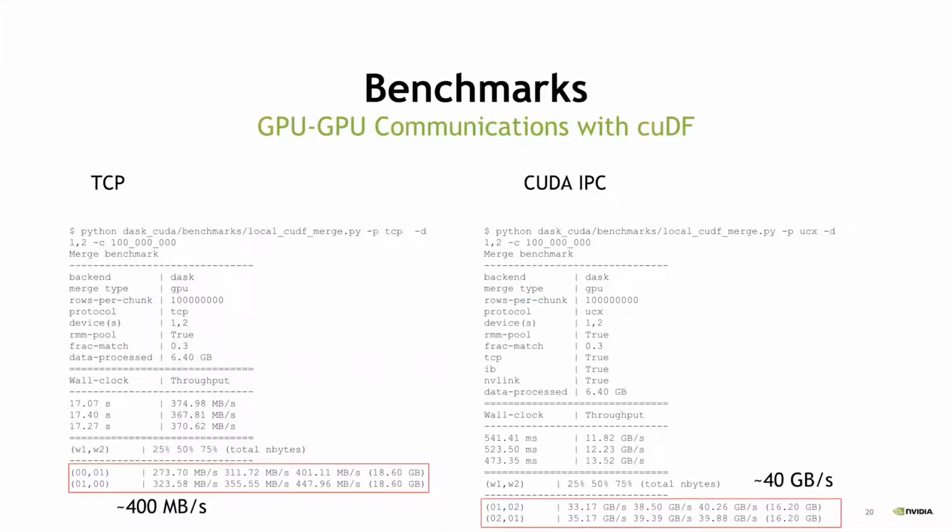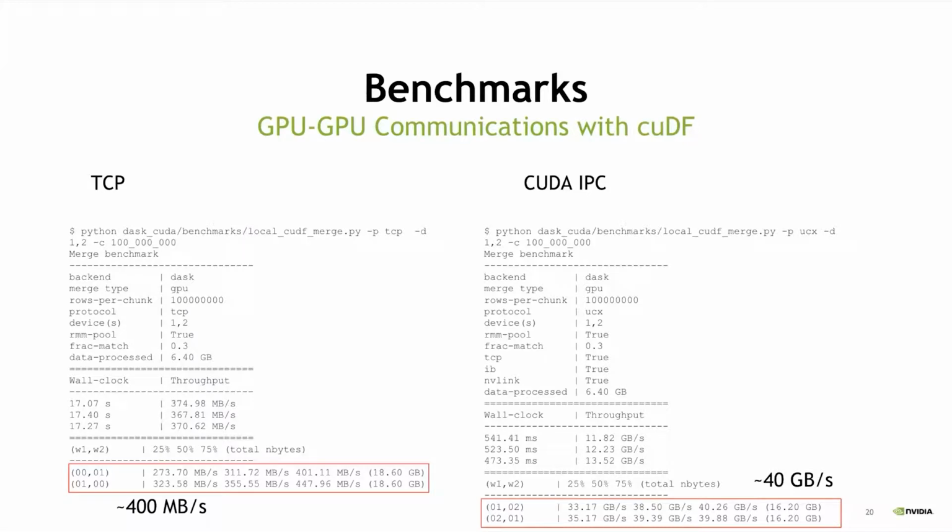These are some of the benchmarks also with the cuDF merge. This was running on DGX-1 with, in this particular test, only 2 GPUs and 100 million rows per chunk on a data frame. And as we see on the left, the bandwidth we get with Python sockets or TCP is just around 400 megabytes per second.